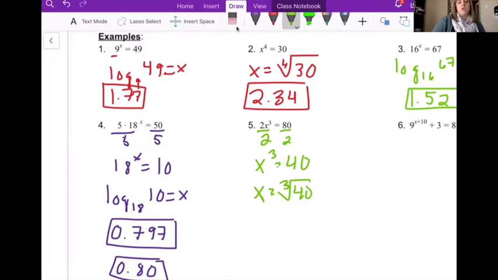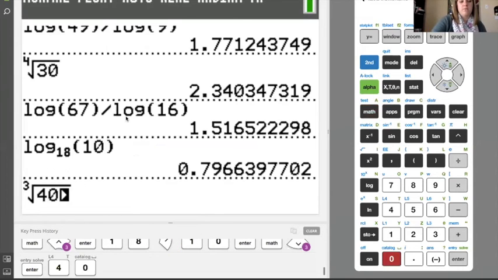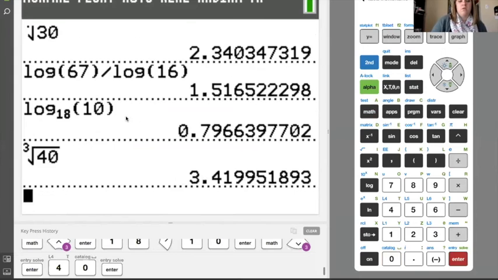Your calculator has this function just in math, so you don't even have to choose the fifth option. You can just choose the fourth option, the cubed root. And so you would just do the cubed root of 40. And so then this would be 3.42.